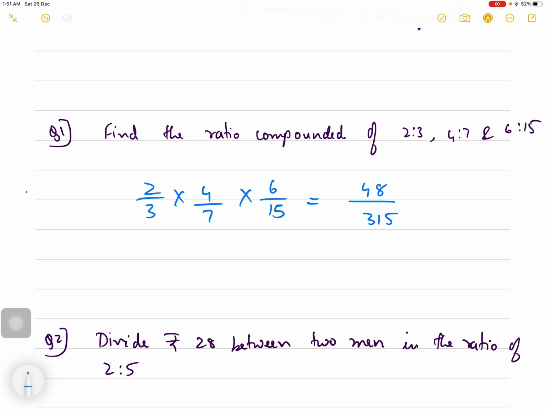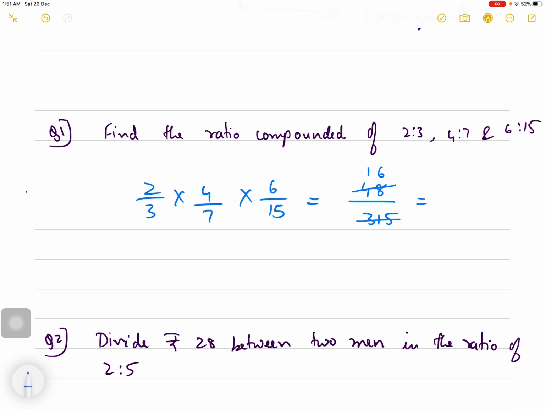You can divide the numerator and denominator by 3, and keep on reducing. 3 ones are 3, and then 3 6s are 18.